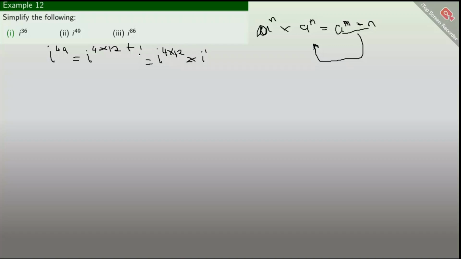If there was a remainder of 2, this i could have been raised to the power of what? 2. So definitely now we know that this part is 1. So it's 1 raised to the power 4 times i. This will give us what? i, the imaginary unit. We're done. That's all you need to do.